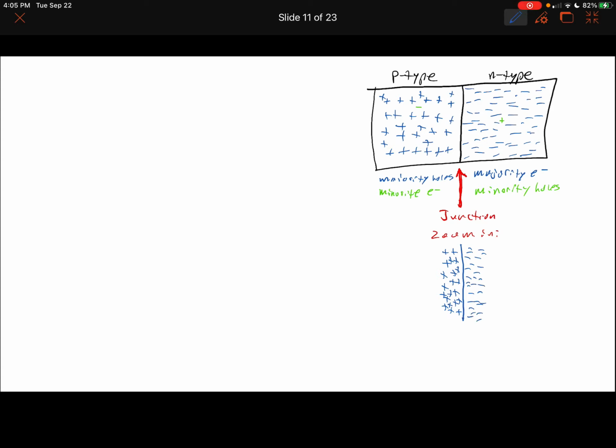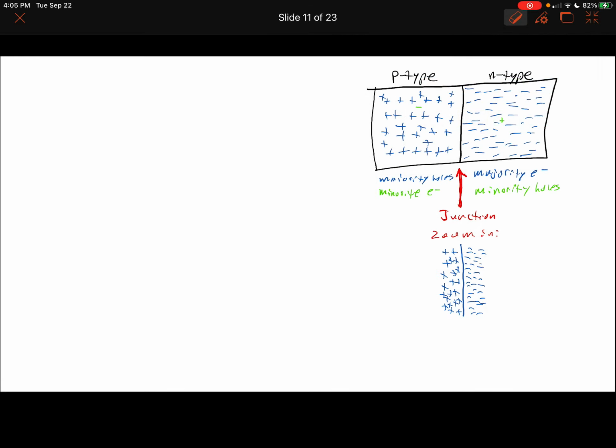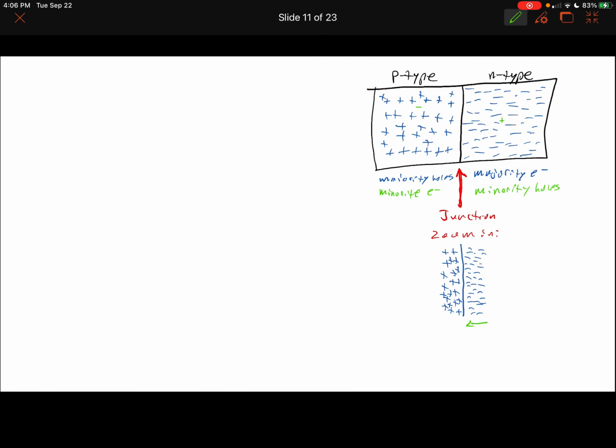They've got a velocity due to just the heat in the room. So they've got some thermal velocity. Sometimes an electron from over here is going to run into a hole from over there, and a hole is nothing but a missing electron. And so the electrons are going to tend to move that way just by diffusion.